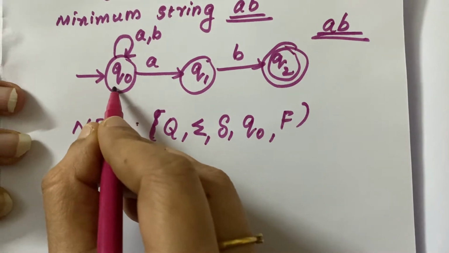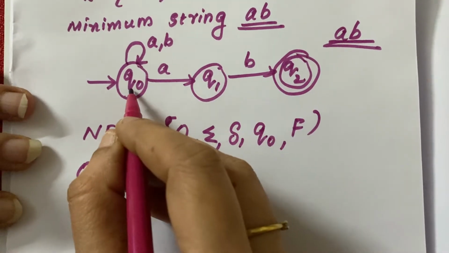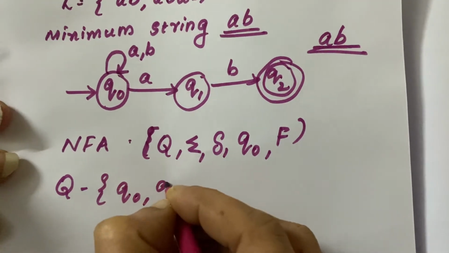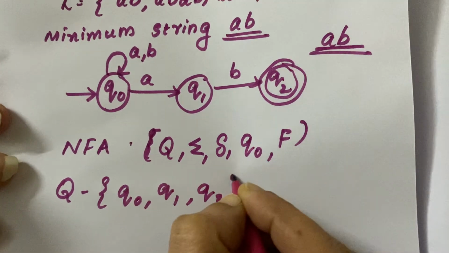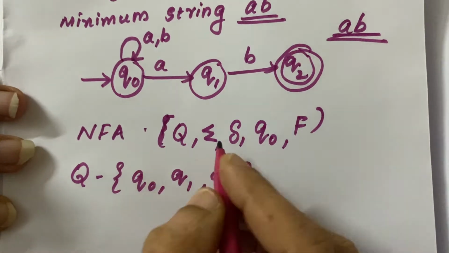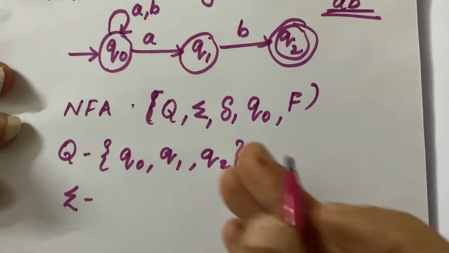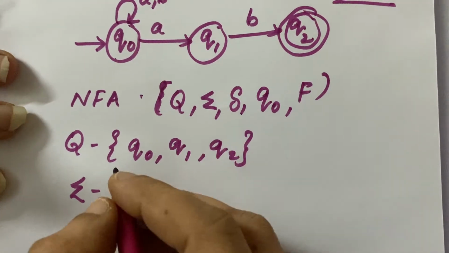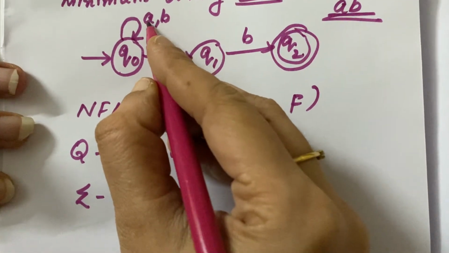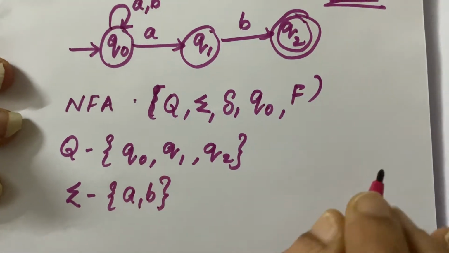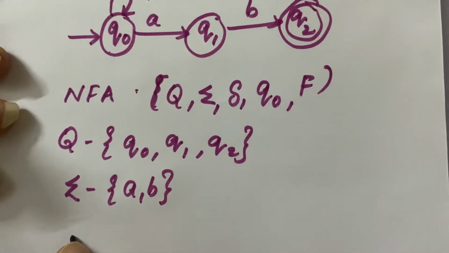For this example, how many states have we used? Q0, Q1 and Q2. Now sigma is the input symbols which we give as input to our NFA. We are using two symbols, A and B. The transition function we will keep aside and check last.